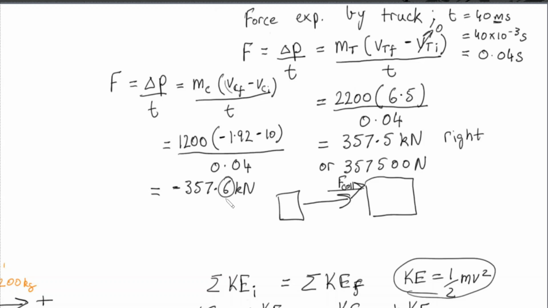And this 0.6 is just due to us rounding that 1.92. It's actually 1.9167 or something if you put it into the calculator. So if you put the exact number in there, you'll get 357.5 kilonewtons, and that'll be negative. And this negative actually tells us our direction, which is left. So that negative signifies the left.